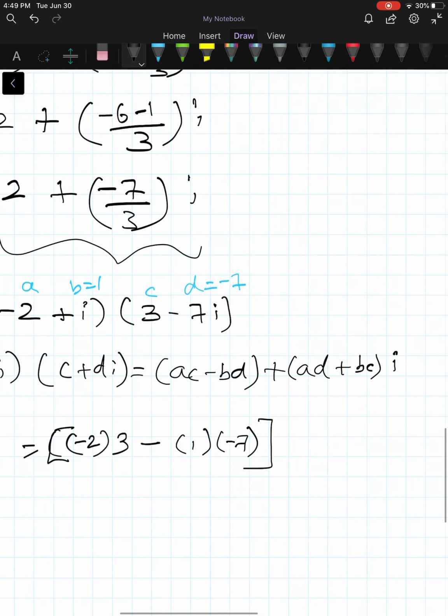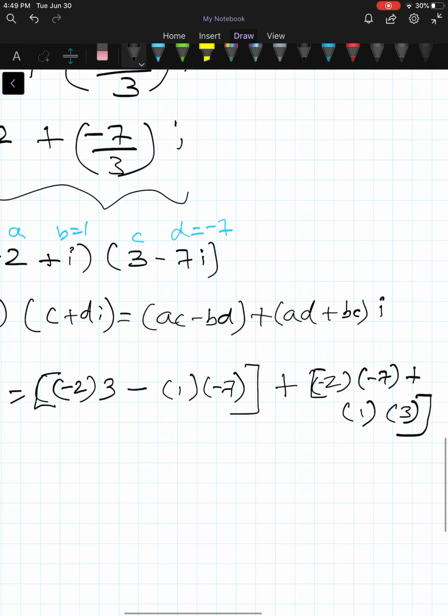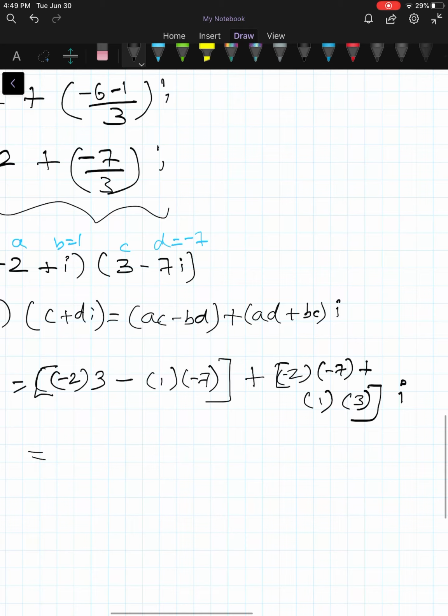Okay, so I'll write big brackets, plus ad is nothing but negative 2 times d, which is negative 7, plus bc is nothing but 1 times 3. Okay, this is associated with i. Fine.